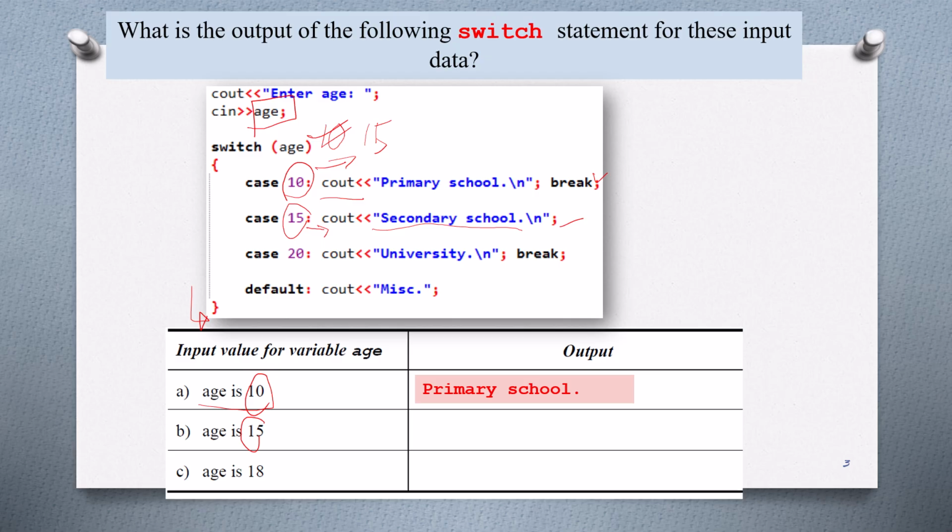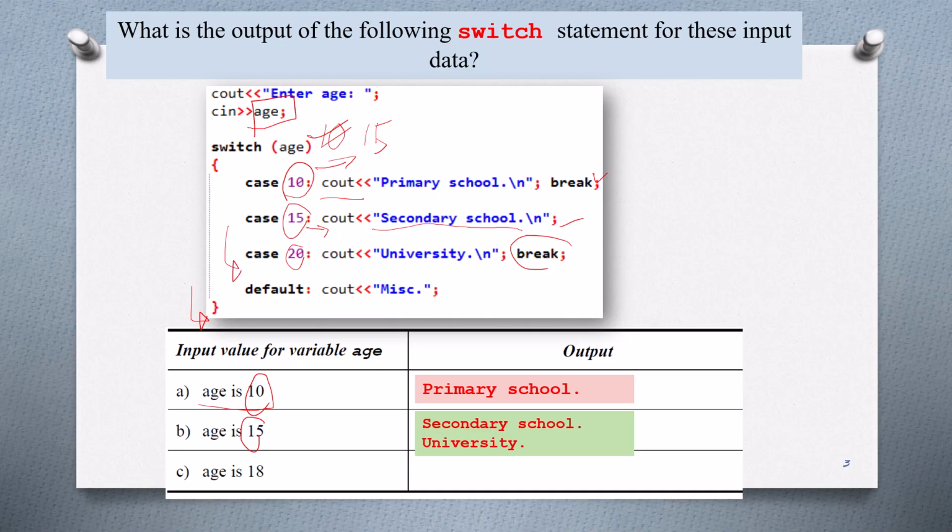So the control will go to the next case. It will execute case 20 because there is no break here. So you may expect both secondary school and university to be displayed. After the university, you have the break, and only then will it exit from the switch structure.